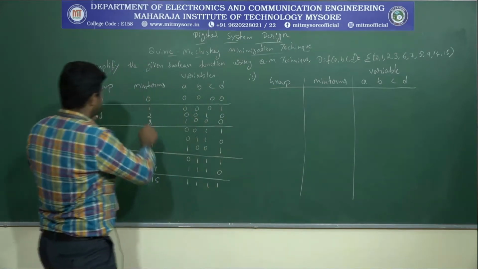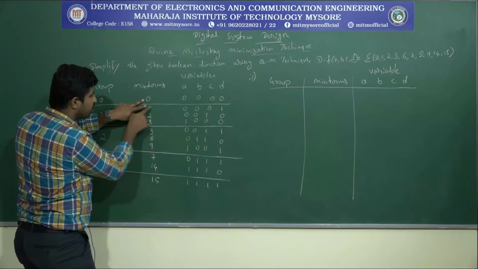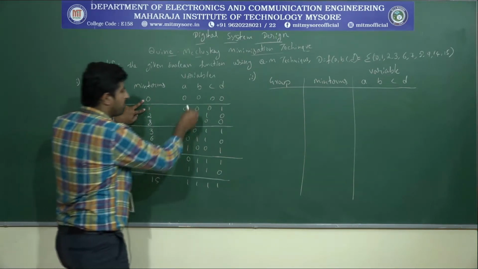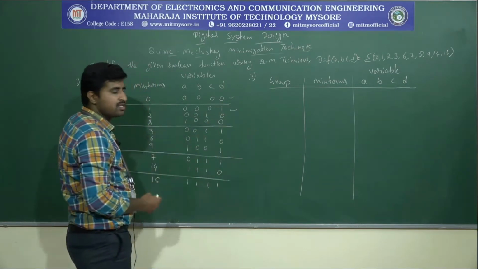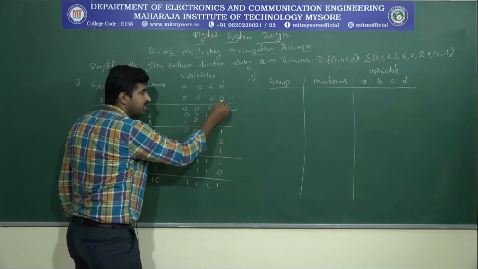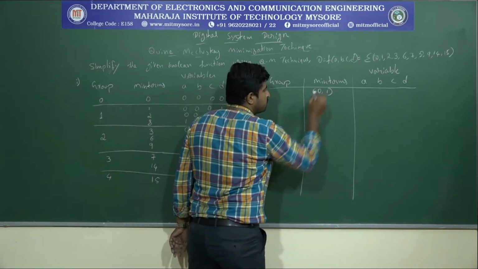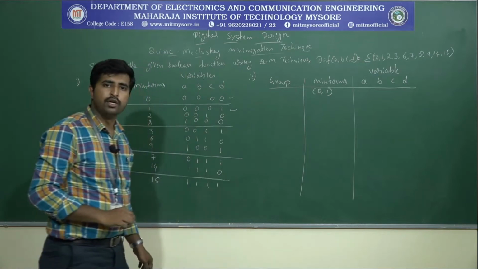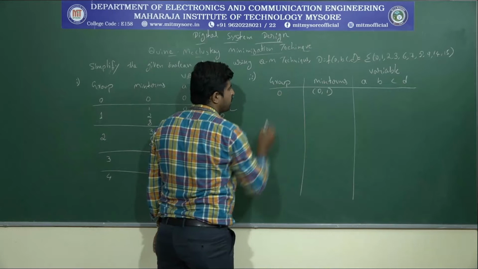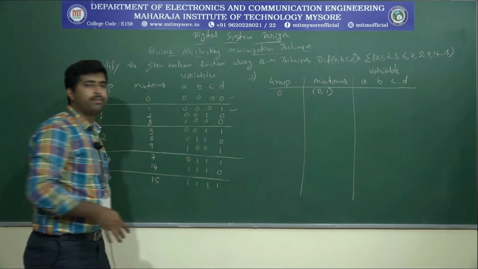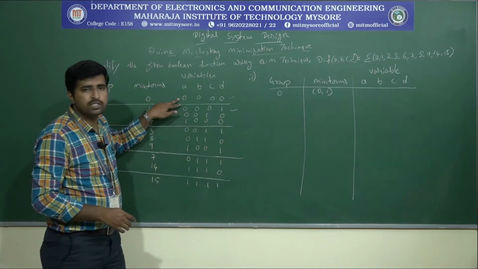Okay, so now we can group the min terms 0 and 1. Why? Because if you see, the variables of 0 and 1 match each other but differ in one position. So min terms 0 and 1 can be grouped. I will consider this group as 0, because by grouping, the logical number of ones will be 0.